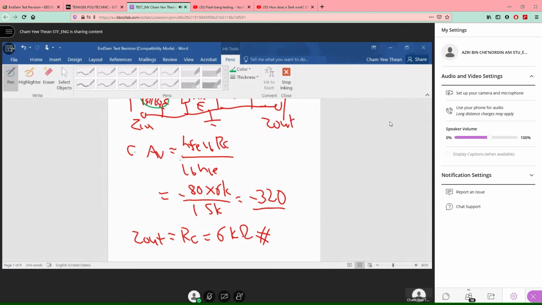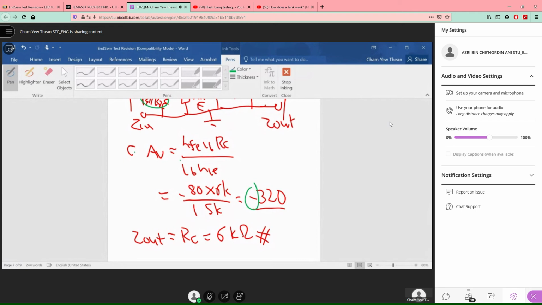Remember for a BJT in a CE configuration, common emitter, your voltage gain is a minus. What does a minus mean, class? When you have a minus, what is the relationship between the input voltage and output voltage? Negative 320, negative.